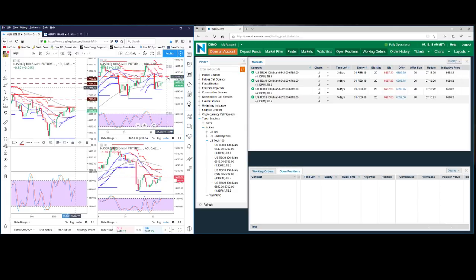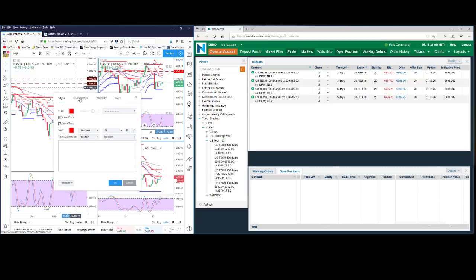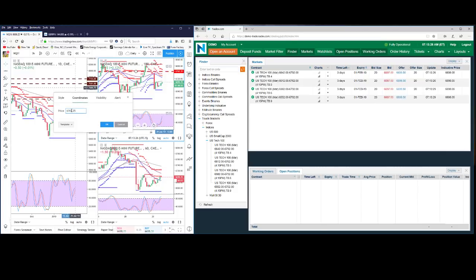So now let's go up to 6762. Okay, here's 6762. And I already see, okay, that is above the ATR, but is in between the congestion dot.